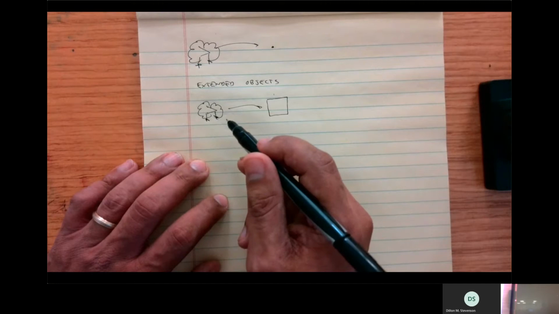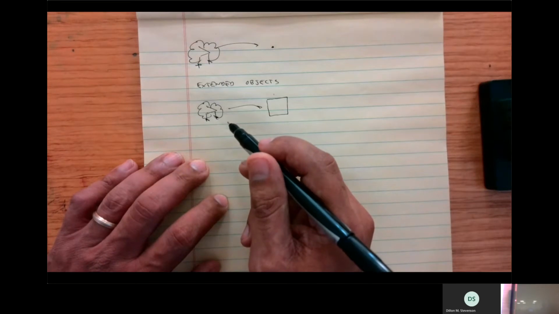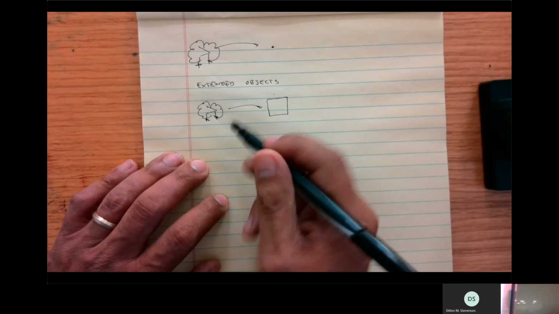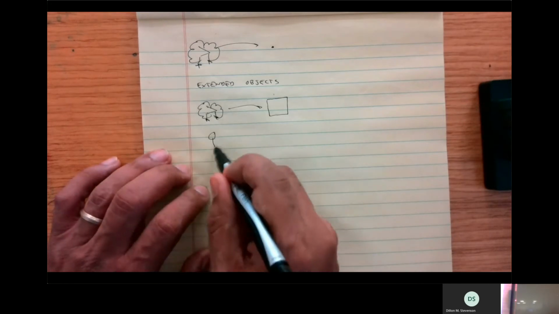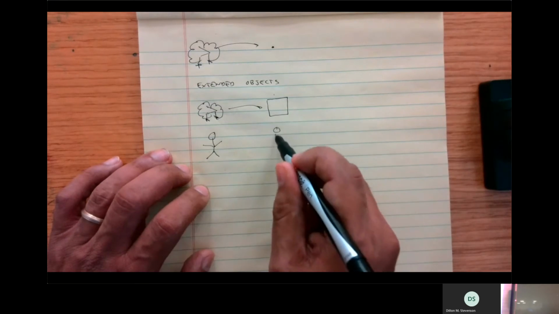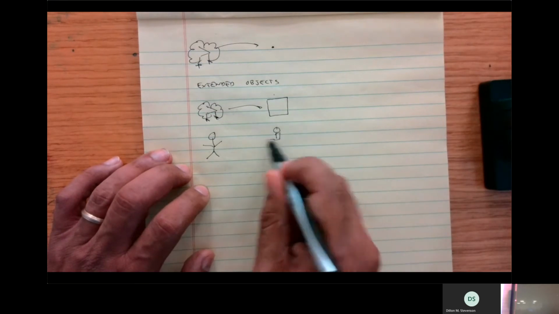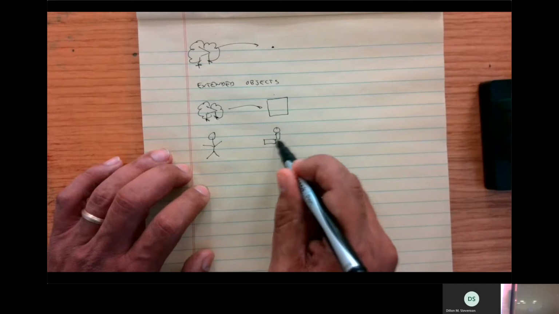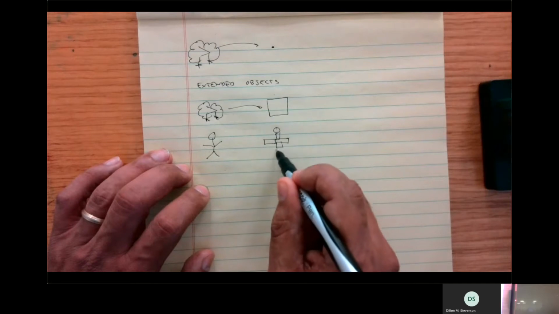If I have a person, I can kind of represent this person as simple geometric figures. I know this drawing sucks, but you get the idea.